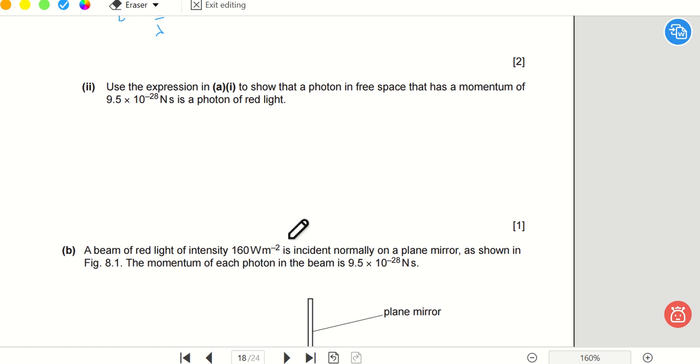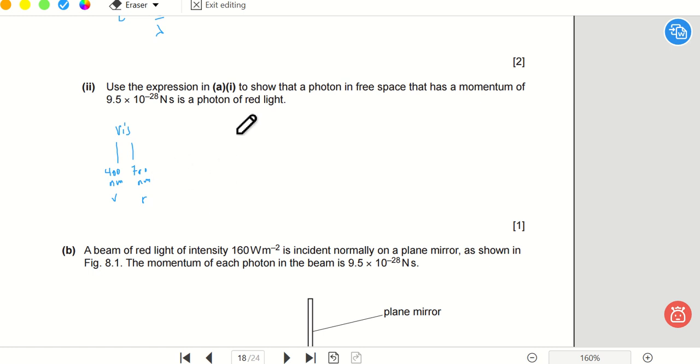Use the previous expression to show that momentum is this value for a red light. We know that visible light extends from 400 nanometer to 700 nanometer. 400 is for violet and 700 is for red.